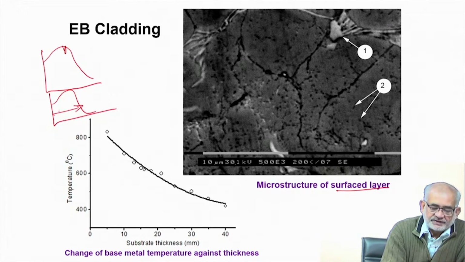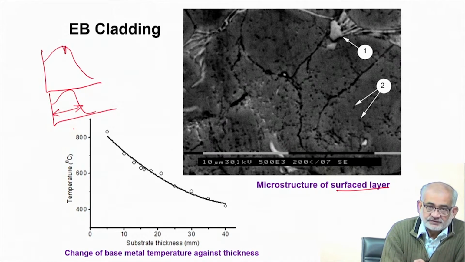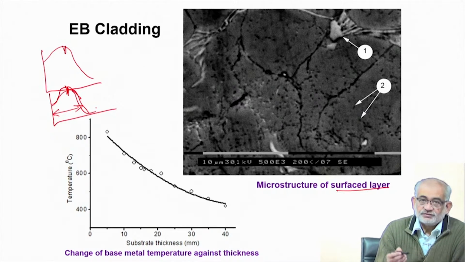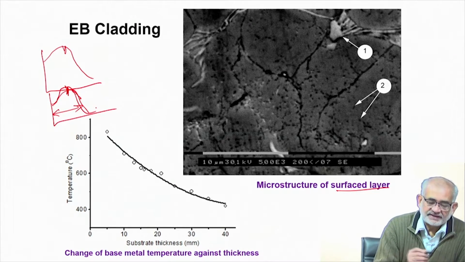Though the penetration depth is controllable, what is not controllable is that the peak temperature is not at the surface but below the surface. And hence, because of this reason, EB is more suited to deep penetration welding than shallow welding, or for that matter surface engineering applications.